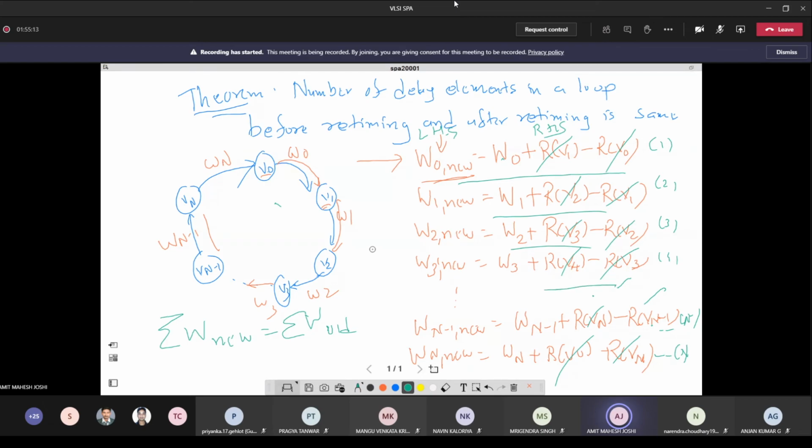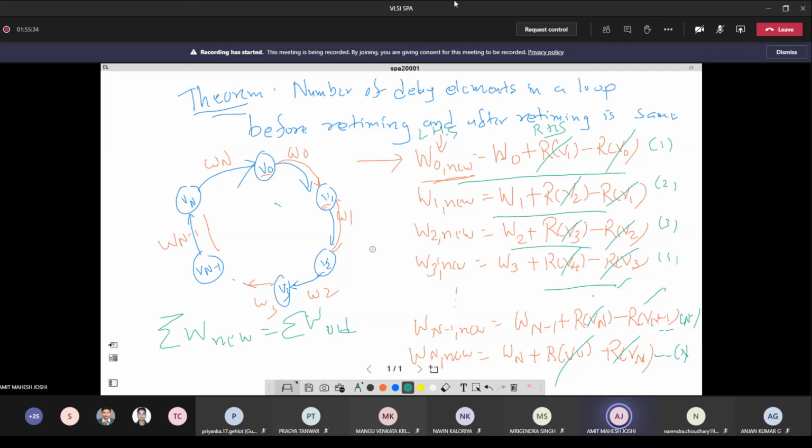That is the original principle of retiming: when you are in a loop, the number of delay elements in the loop remains the same, and with that your functionality will not change.